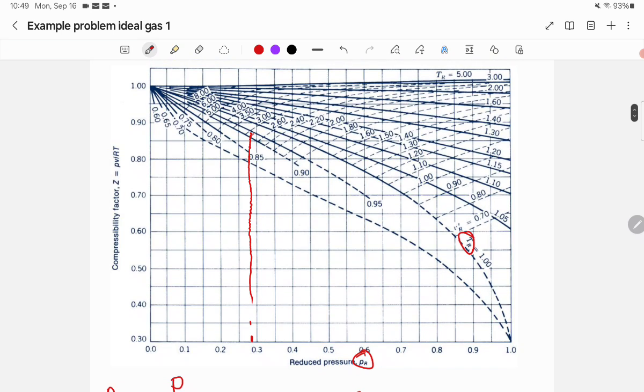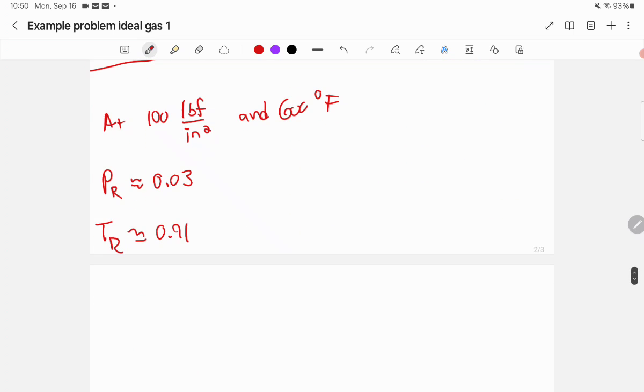So if we come over here, now 0.03 is really over here somewhere, and for 0.91, going up here, the line goes right about there, so maybe around 0.98 is my compressibility factor in that scenario.